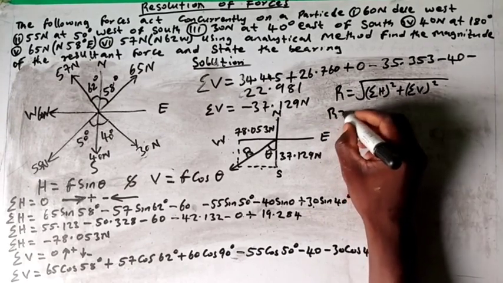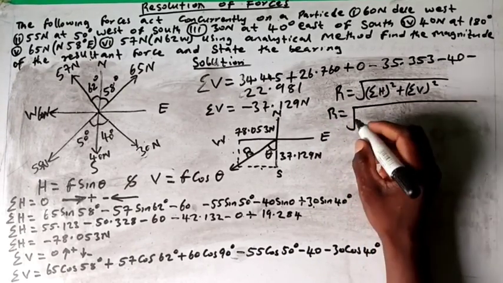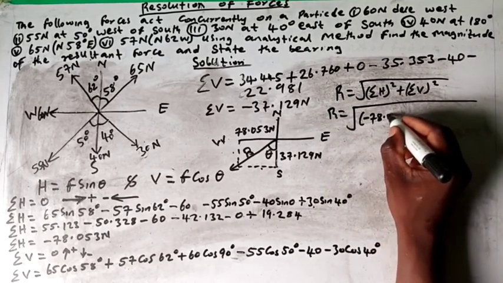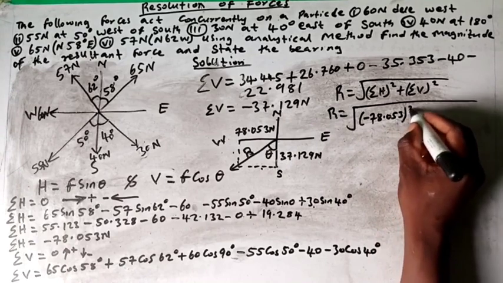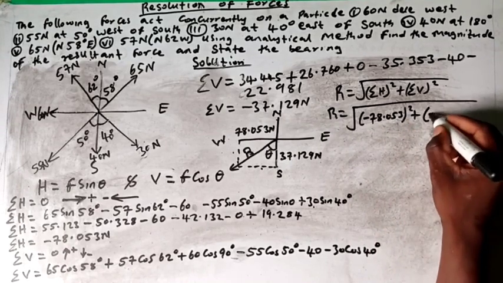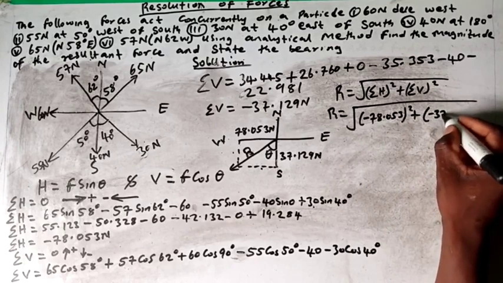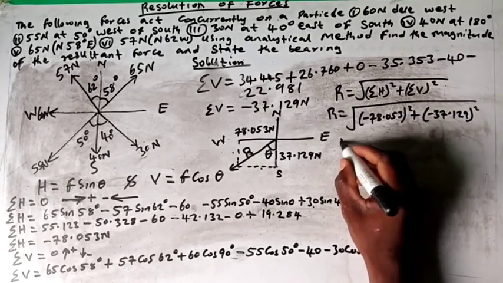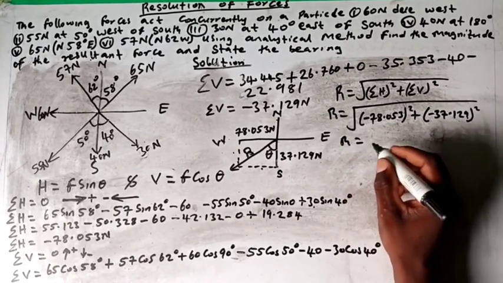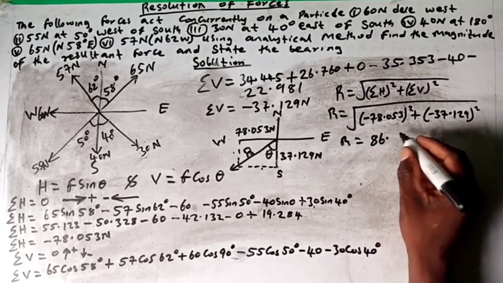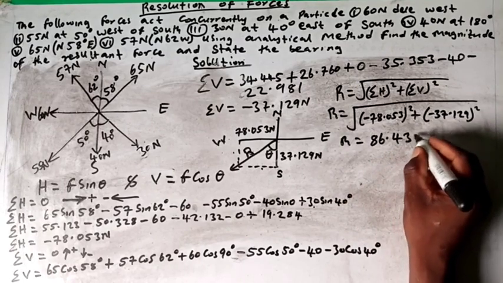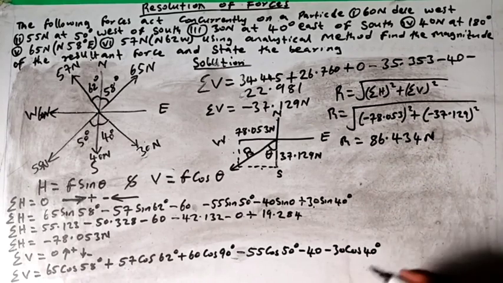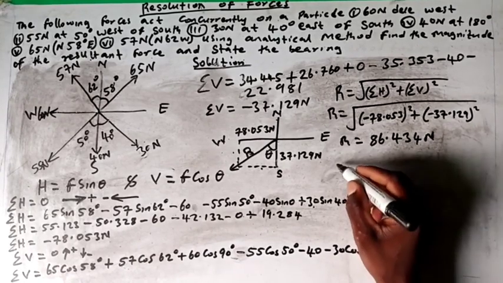Therefore, R will now be equal to open bracket minus 78.053 all squared plus open bracket minus 37.129 all squared, so that R will now be equal to 86.434 Newton.